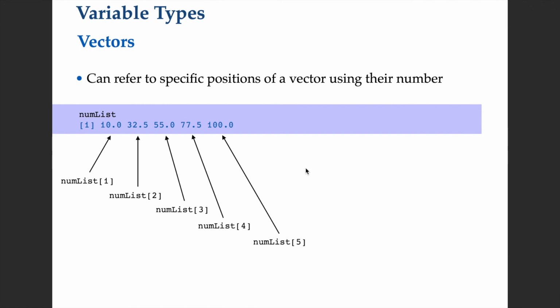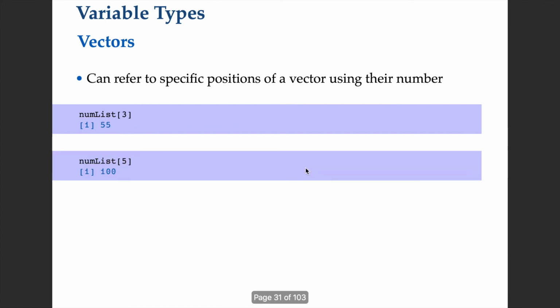So you should enter each of these in the command line and make sure that they give you what you think. If we want to know what the value is in the third position of that vector, you can type numList, put a 3 in the brackets, and it'll give you the value in that position. Similarly, you could type numList 5, and it'll give you the value in the fifth position of that vector.